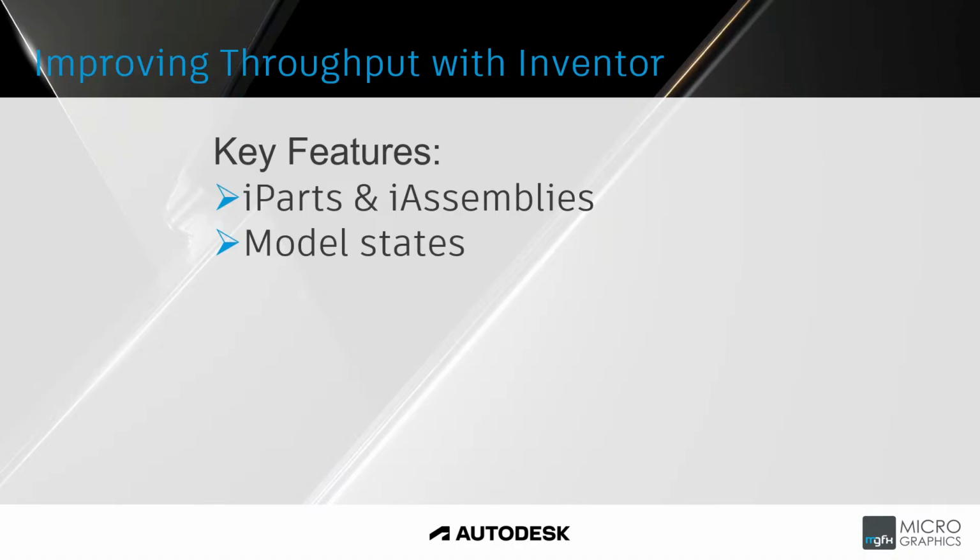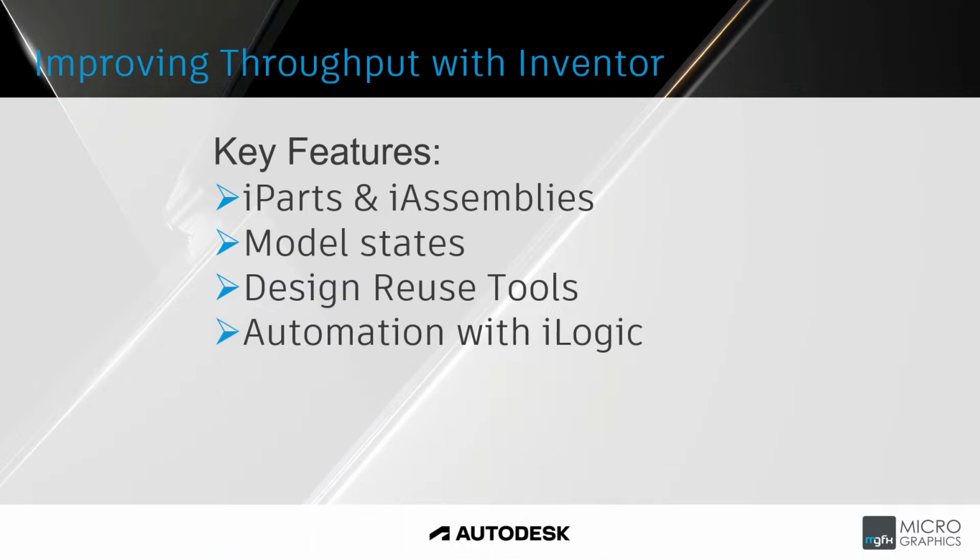And within iParts and iAssemblies, you can also do model states. Then you do have your design reuse tools. And lastly, automation with iLogic, where you can automate repetitive tasks and configure custom models in a second.